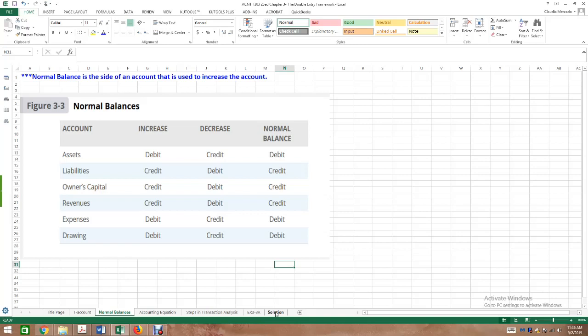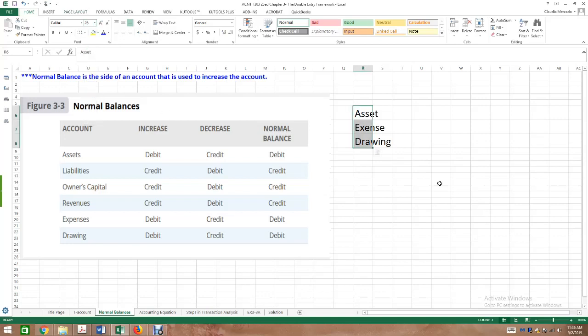Now, if you have an asset, an expense, or a drawing, those are increased by a debit.